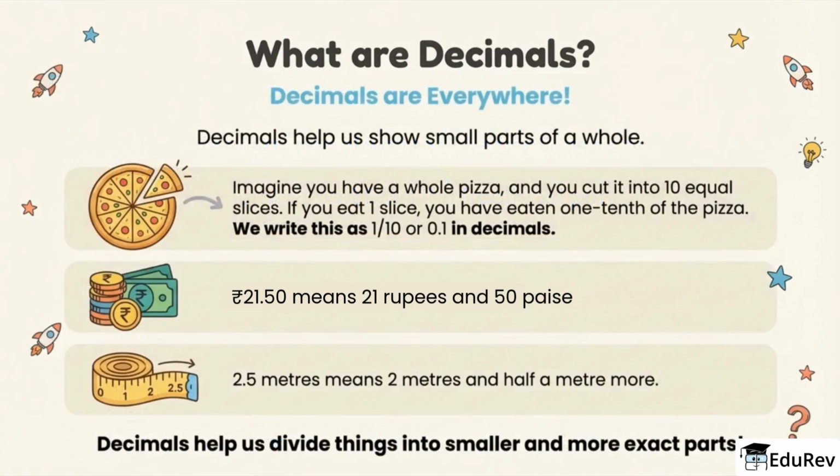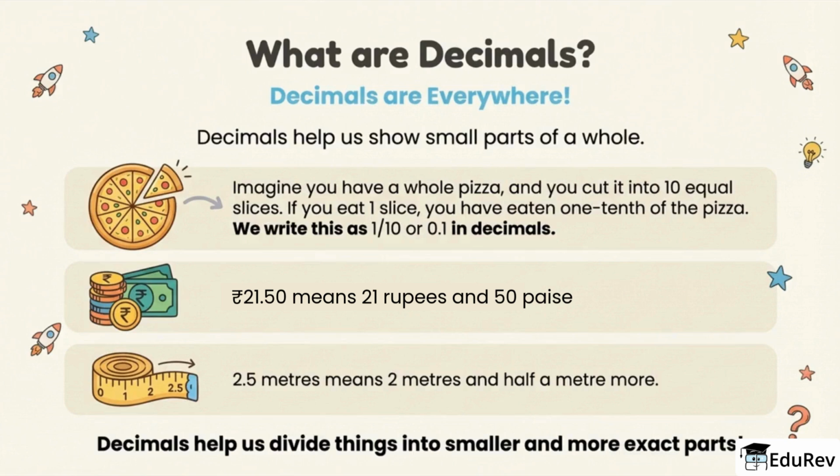Decimals are everywhere. They help us show small parts of a whole. For example, if you cut a pizza into 10 equal slices and eat one slice, you've eaten 1/10 of the pizza, written as 1/10 or as the decimal 0.1.